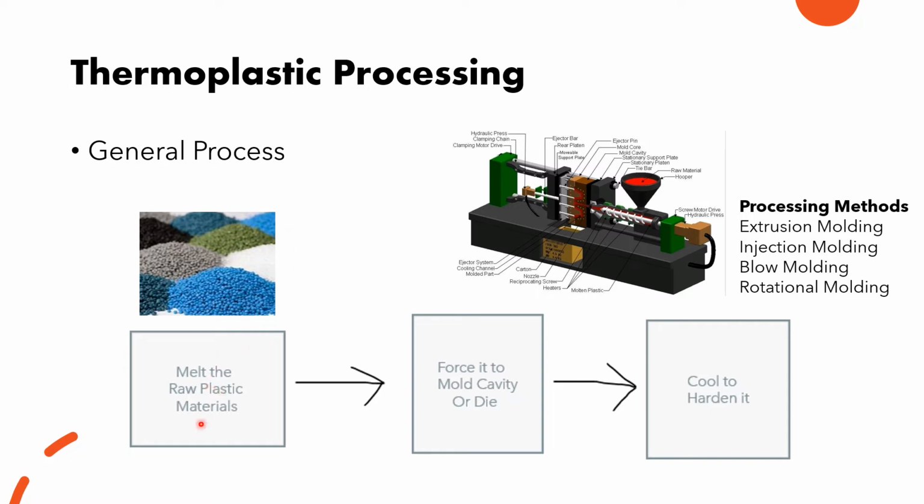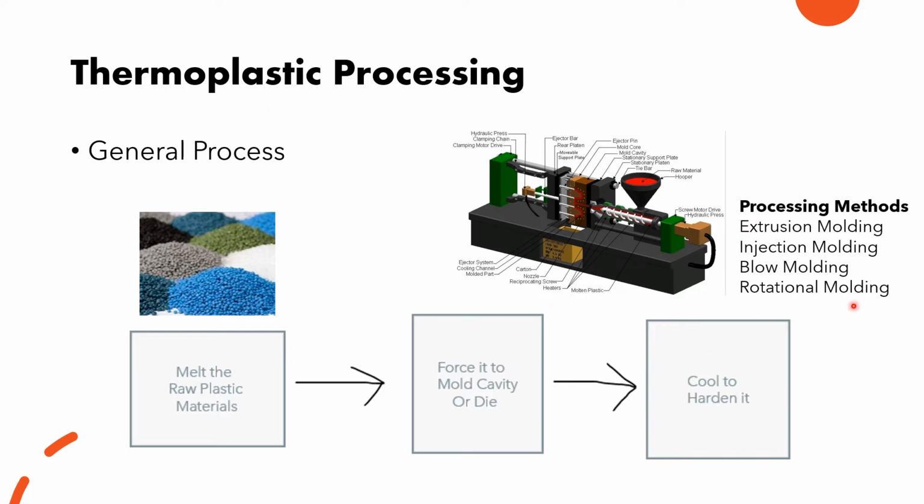First, you're going to melt that raw plastic material, and then we're going to force it into the mold cavity. The mold cavity is called die. This is just an industrial term. And then we're going to cool it down to harden it. The thermoplastic, you can cool it down to make shapes, not like thermosets.